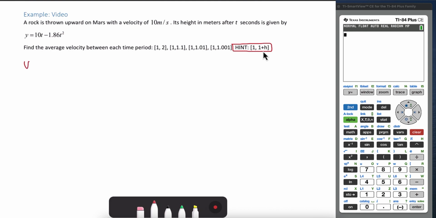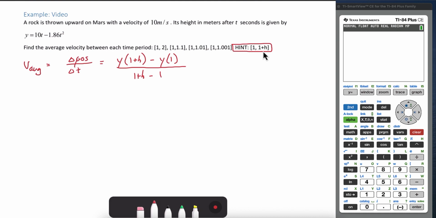Recall that average velocity is simply the change in position over the change in time. So y evaluated at the second time interval, which in this case is 1 plus h, minus y evaluated at the first time interval, 1, all over 1 plus h minus 1.